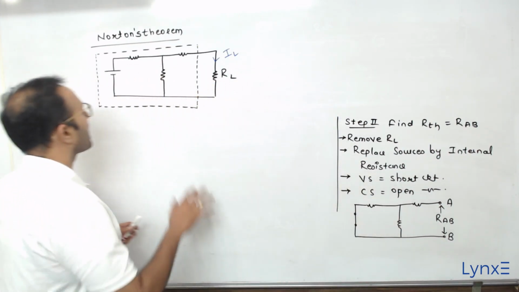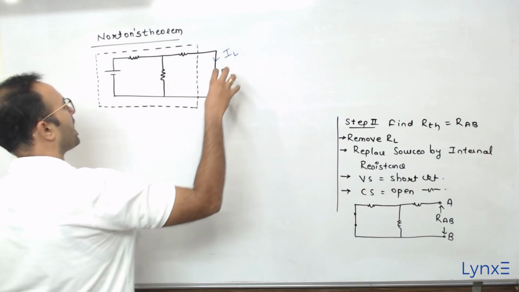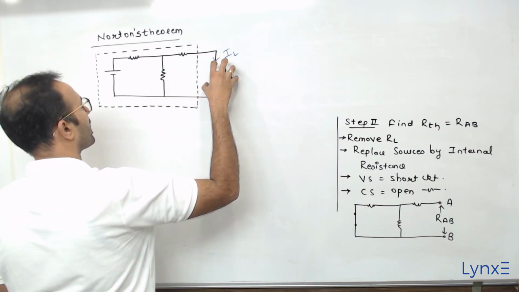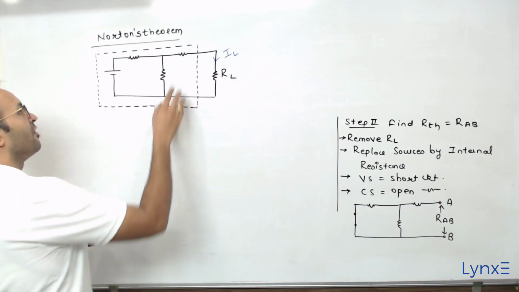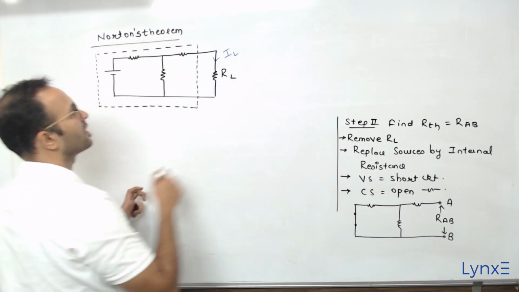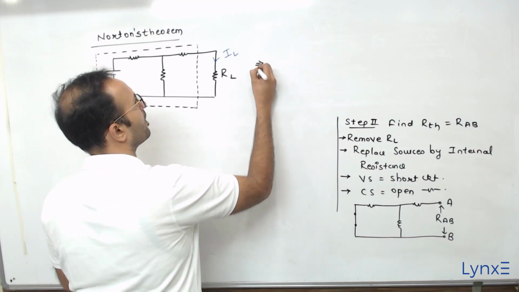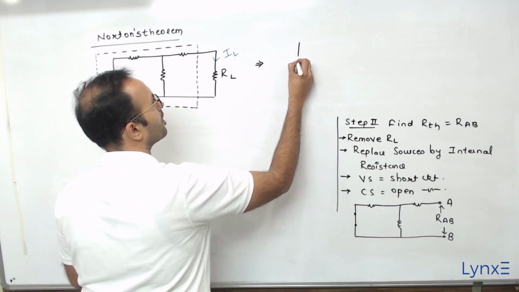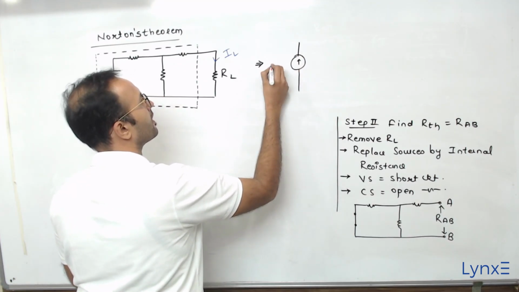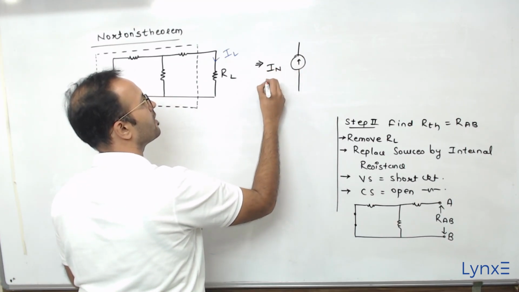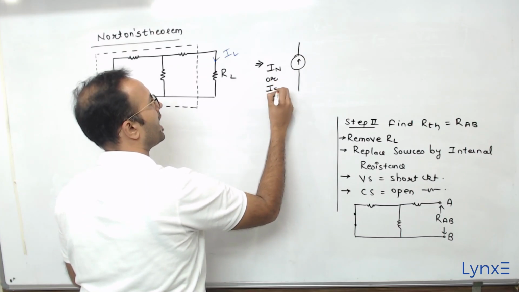Norton's theorem states that if you have a circuit and you want to find the current in the load resistor RL, we can replace this whole circuit by a current source, which is named IN or ISC.